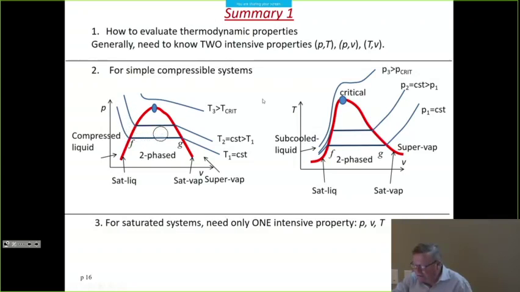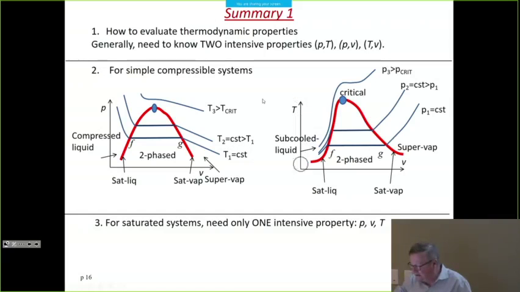We go through the two-phase regime, and then we go into the superheated vapor regime. So this is a compressed liquid or subcooled liquid, saturated liquid line, saturated vapor line. Under the two, there is the dome, and here the superheated vapor.